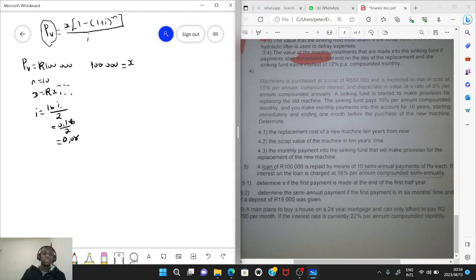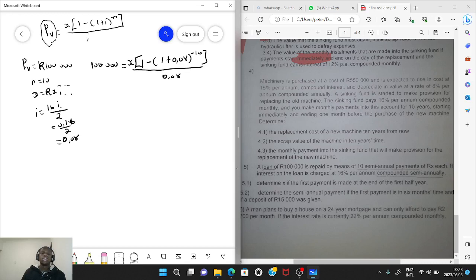So you substitute 100,000 in terms of PV, which is the present value. We are looking for X in this case, and then into 1 minus 1 plus, what is your interest? Your interest is 0.08, minus 10, all over 0.08.